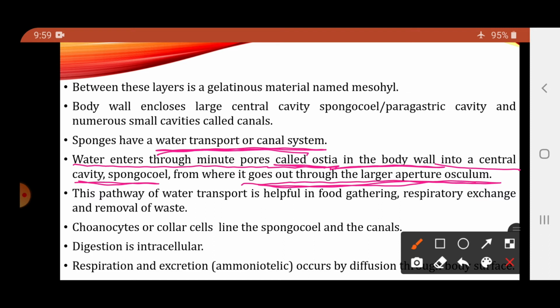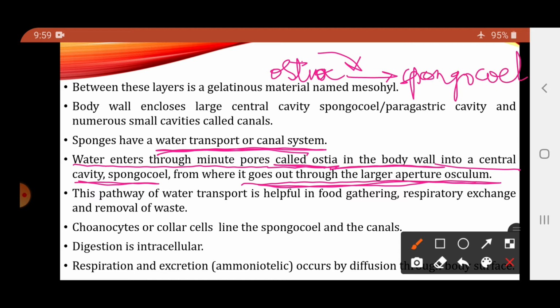See, listen very carefully. Water will enter. This is the entry of the water. This entry of the water occurs through the ostia. From the ostia, where does the water go? Into the large cavity. What is that cavity called? It is called the spongocoel. And from the spongocoel the water exits. It finally leaves the sponge. How does it leave?